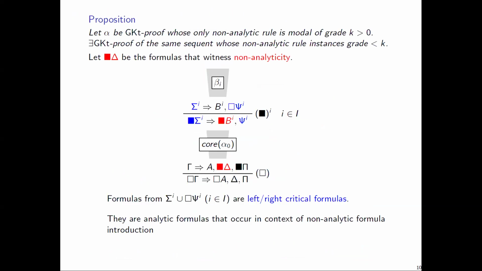Right, let me give a little bit of flavor of the type of argument to see how it extends what we know as cut elimination. So here is a proof, a schema of a proof. Let's say that this place is the place that non-analyticity first shows itself, right, going down from the leaves. And let's say that this stuff in red is the witnesses of non-analyticity. So the red delta here.